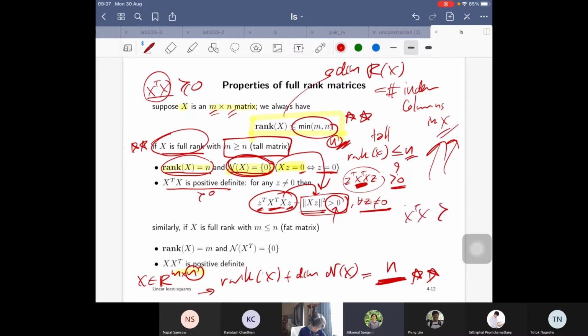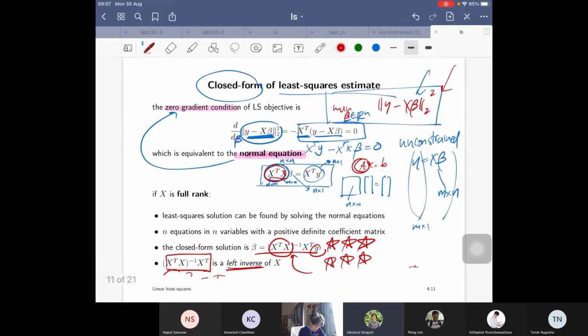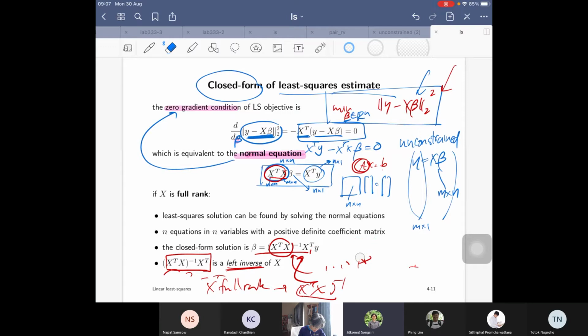X transpose X is positive definite, which means that it is invertible. And that is the result you use in concluding the closed form. So when X is full rank, X transpose X is invertible, this term exists, and your least squares solution has a closed form like this. That is the conclusion.